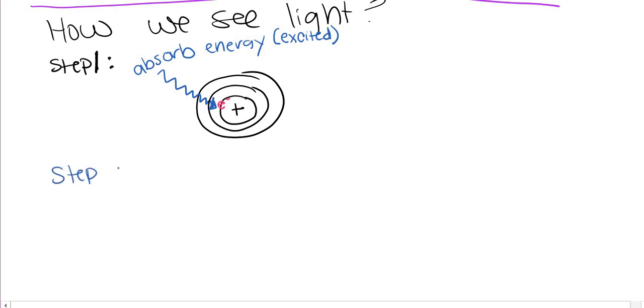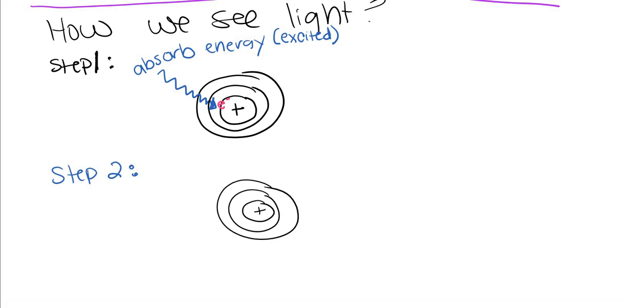Then we're going to have step 2. Once this electron, so I'm going to redraw this, 3 energy levels, that electron that just absorbed energy, it started at n equals 1, now has enough energy to jump to a higher energy level. So now that electron is on our second energy level.